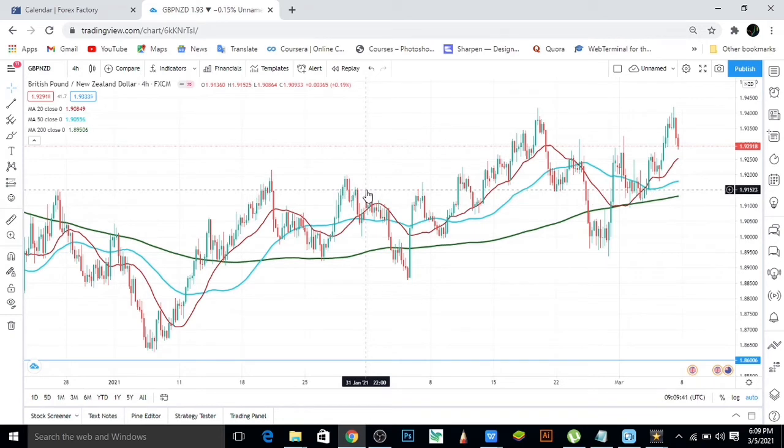It got as far as 1.91523, right? So depending on where you decide to get out of the market, you could have made some money up to here because the price went up to this point.